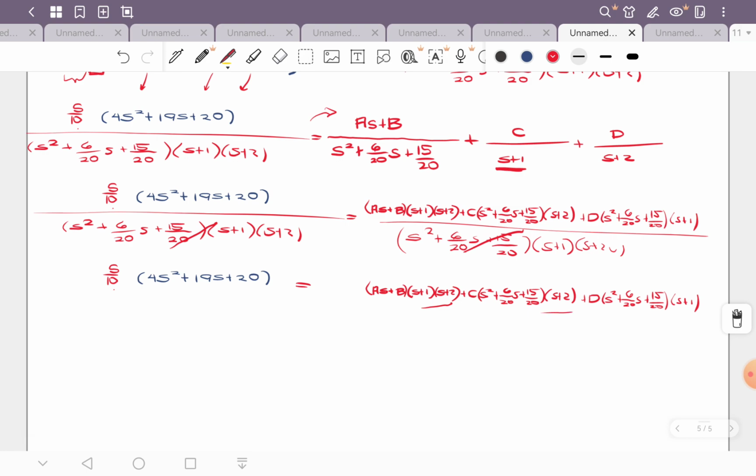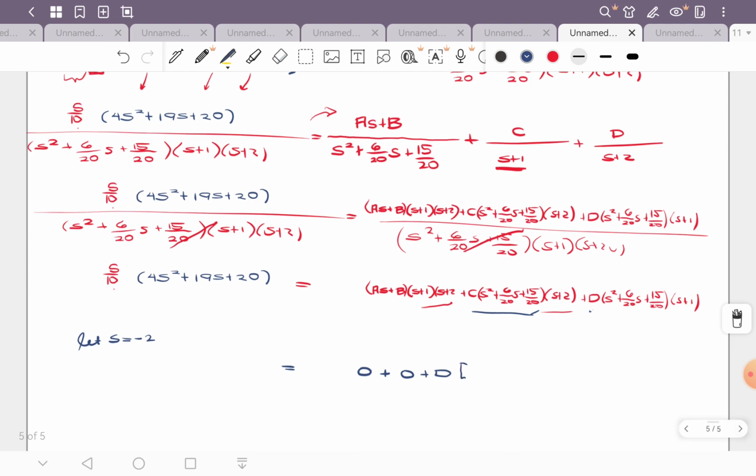If we let s equals negative 2, then s plus 2 is 0, so the first term is 0, and this other term is also 0 because we also have s plus 2 in it. We are left with d times negative 2 squared, which is 4, plus 6 over 20 times negative 2.